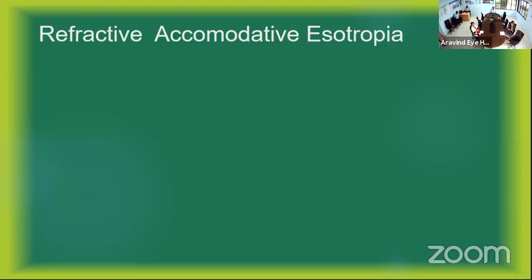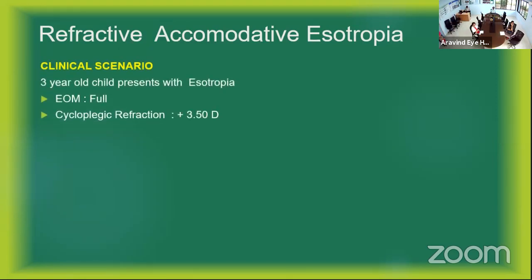So first we'll deal with refractive accommodative esotropia. There are two types, refractive accommodative and non-refractive accommodative esotropia. We'll give some clinical scenarios, and from that we'll see how these patients are being tackled effectively. The first scenario is a 3-year-old child who presents with esotropia.